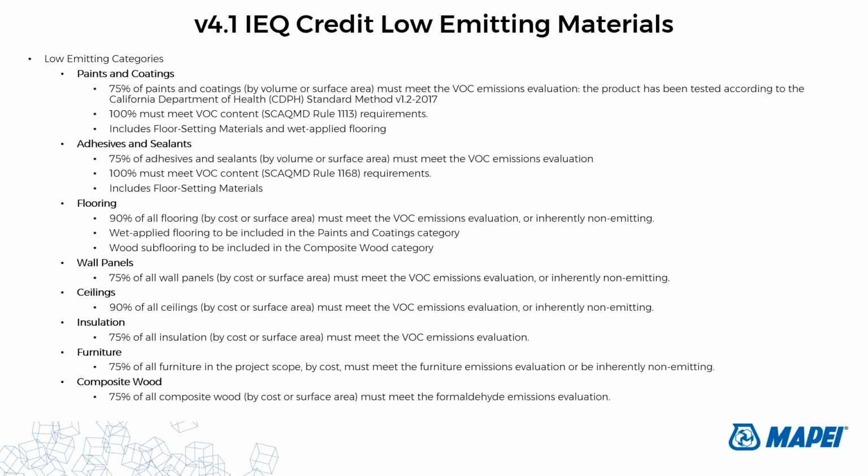You can take advantage of the smaller percentages required to show compliance. I think paints and coatings, for example, 90% of paints and coatings had to comply, and I believe it was 100% of flooring had to comply. And so as manufacturers were catching up, it was difficult for project teams to be able to show compliance while everybody was trying to play catch up with the new version of LEED.